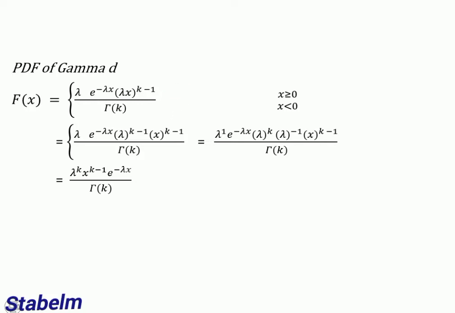Now we need to find the moment generating function of this distribution, which is gamma, and doing that we have MGF, which stands for moment generating function, equals M subscript x of t equals expected value of exponential raised to power tx. What we mean by this is that this exponential tx, we're going to use that to multiply this distribution.